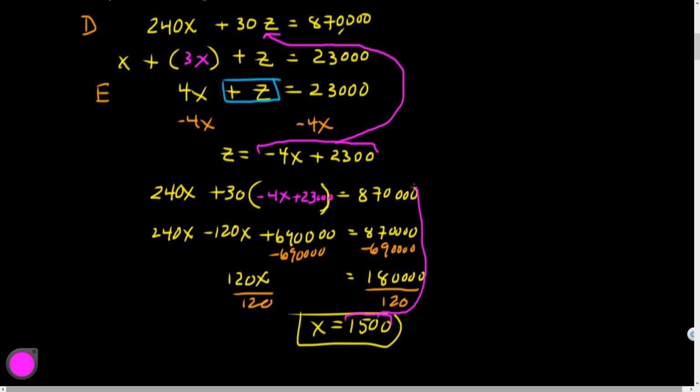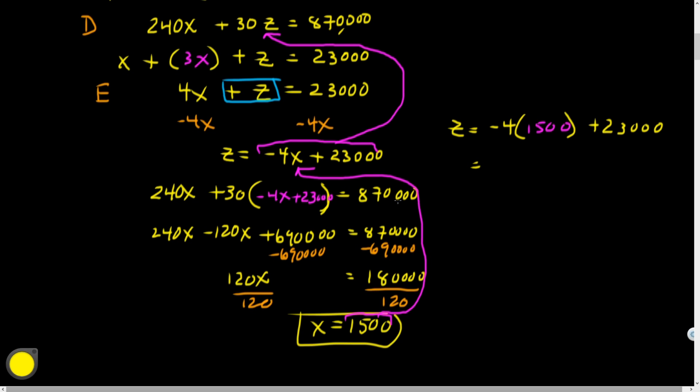And so now I can plug this in here, and I get z equals -4 times that, plus... oh, friendos. It's all right. It's all right. Let's see.